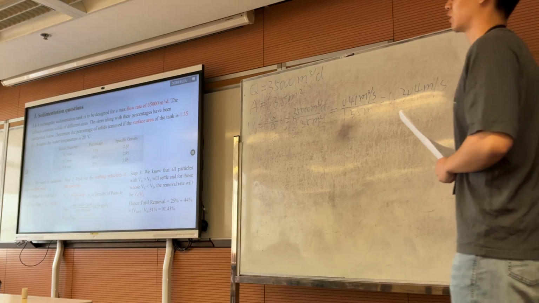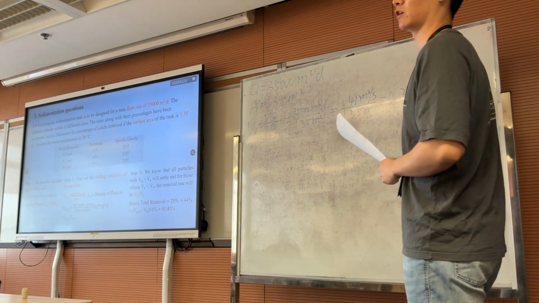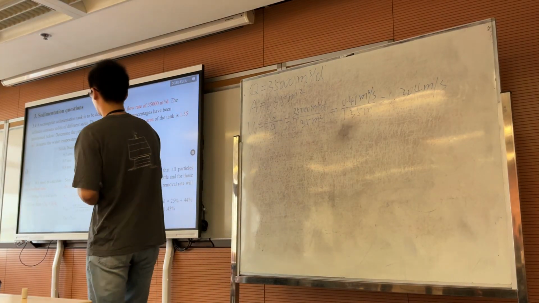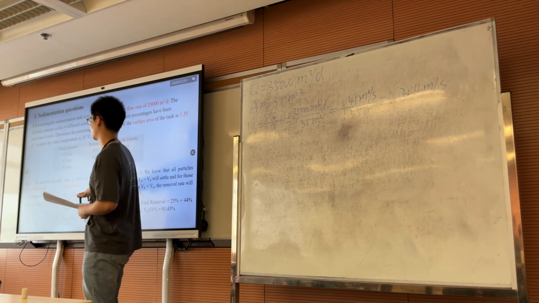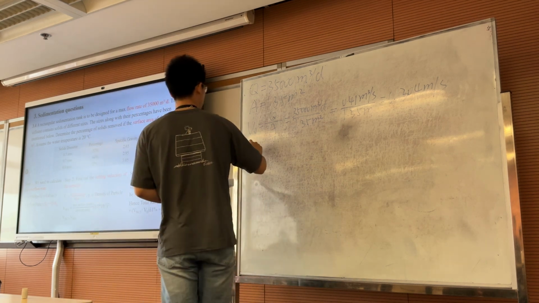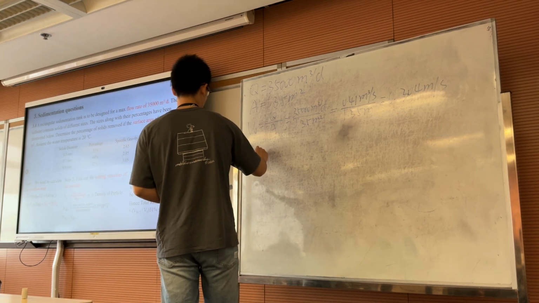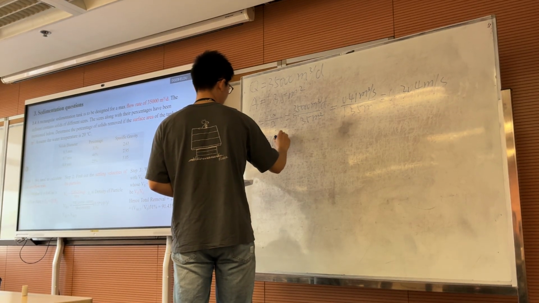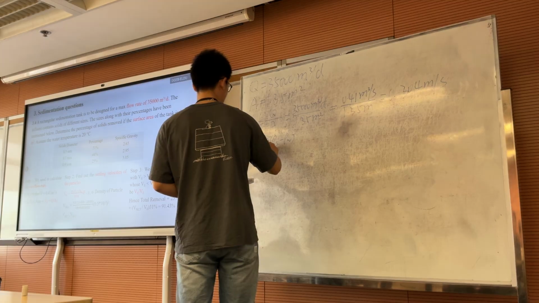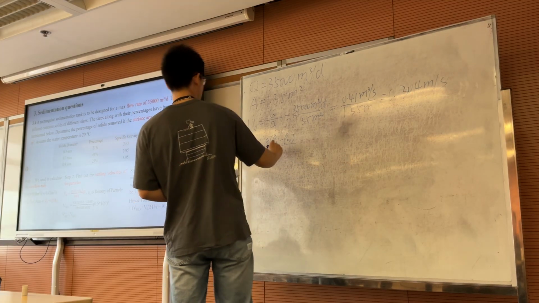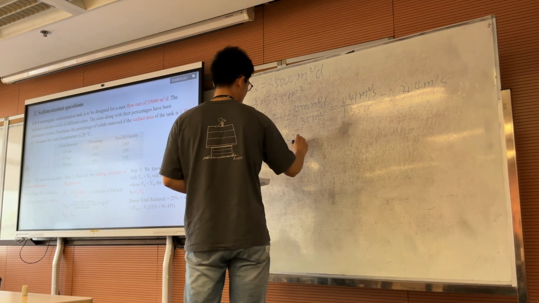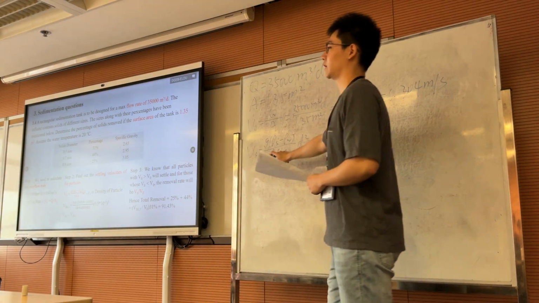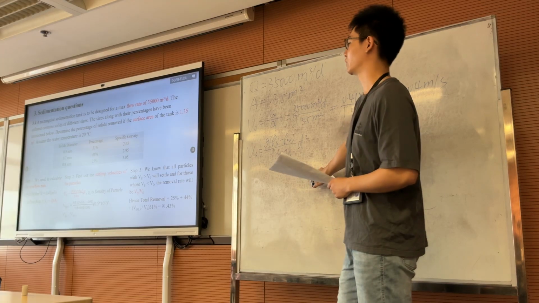The next step is to calculate the settling velocities of the different particles. Here we use Stokes' law with this formula. In this formula, g is the constant, 9.8.